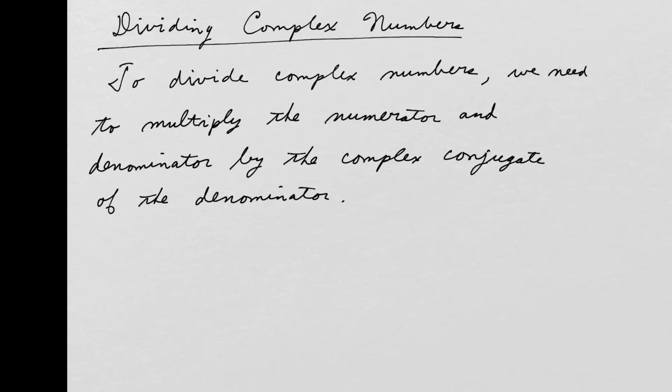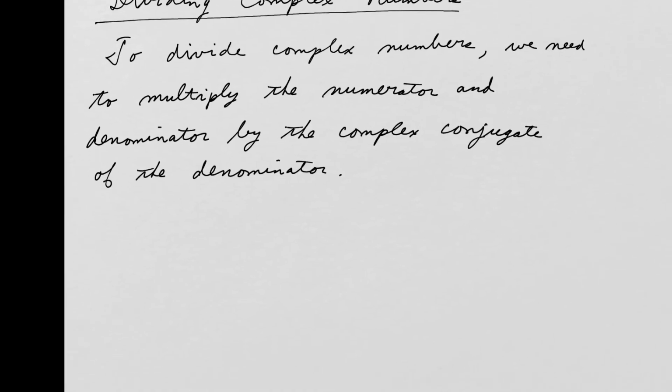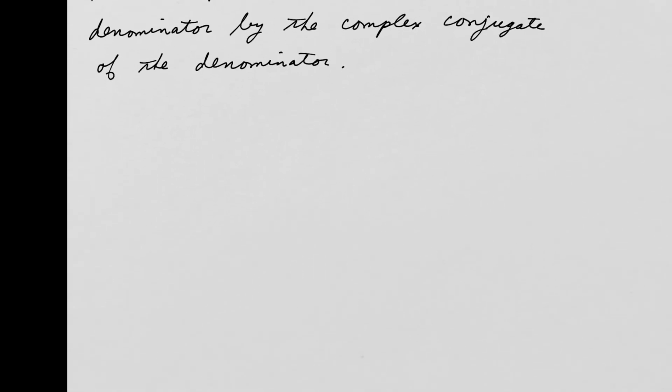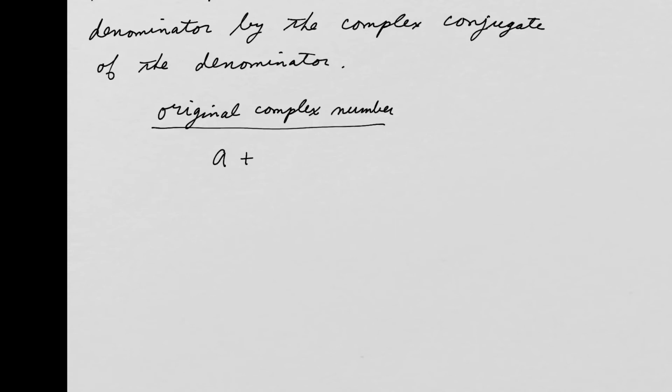Okay, so I have to explain what the complex conjugate is. So let's say my original complex number, let's say it's a plus bi. Just use the most general form, a plus bi.